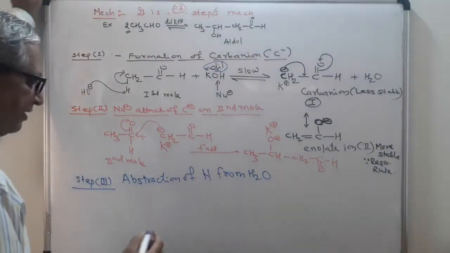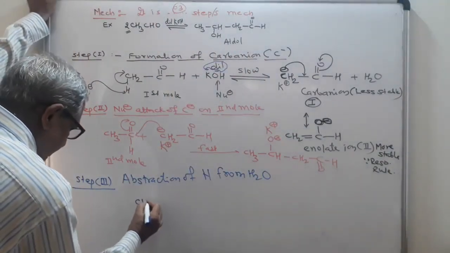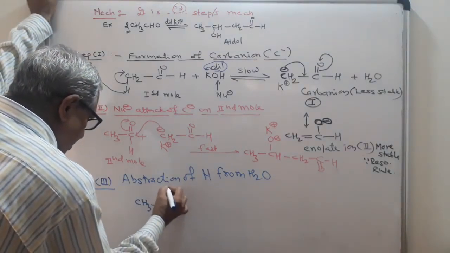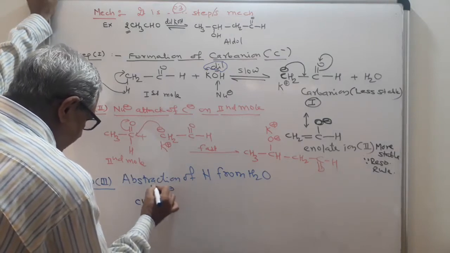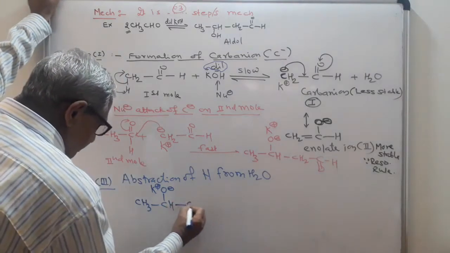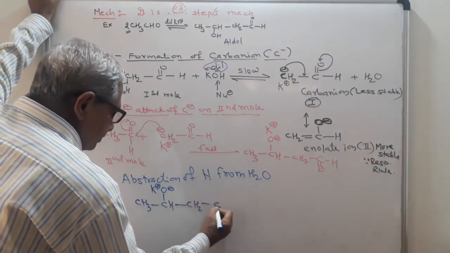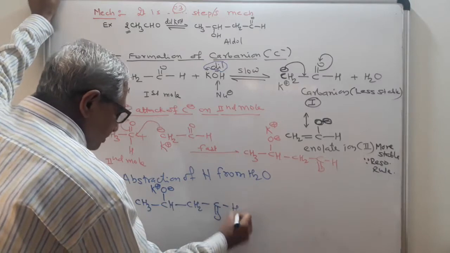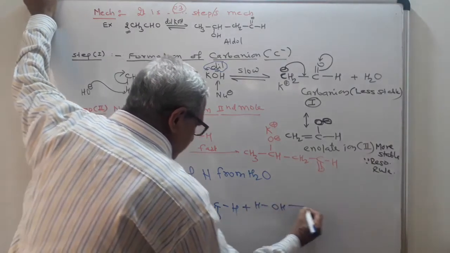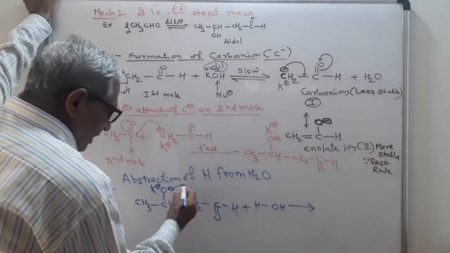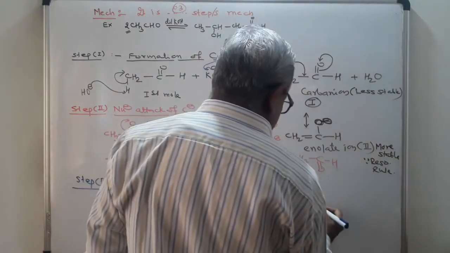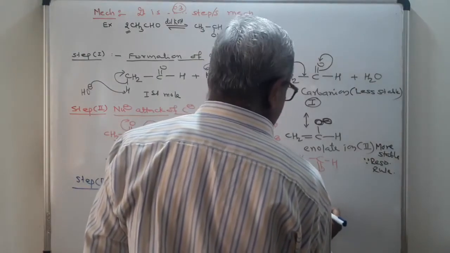So I will write here CH3CHO minus K plus, then CH2CHO, and you do the reaction with HOH. Now this will attract this acidic proton. So what will you get here? You will get the product, this one.